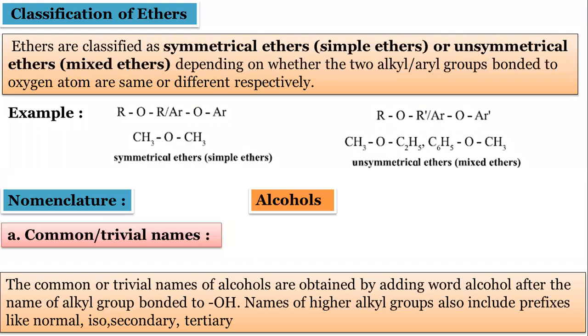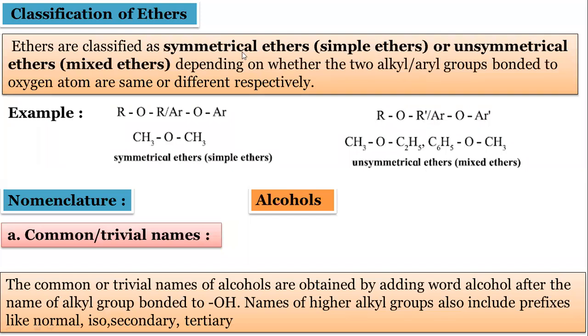Ethers, these are the organic compounds which contain one oxygen centrally, and to both sides R groups, R groups meaning alkyl groups or aryl groups, are there. It may be R, it may be Ar. R and R dash will be different or it will be the same. So ethers are classified as symmetrical or simple ethers.